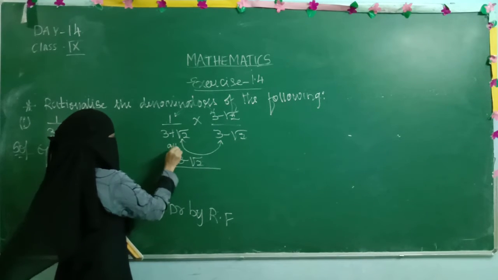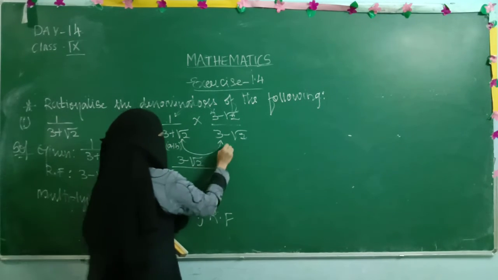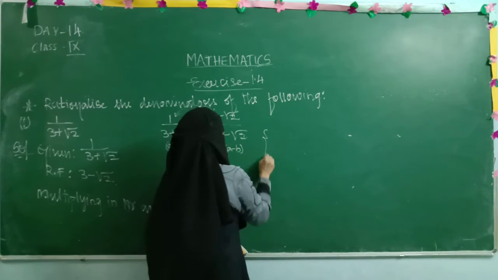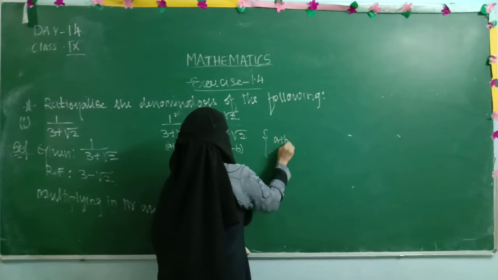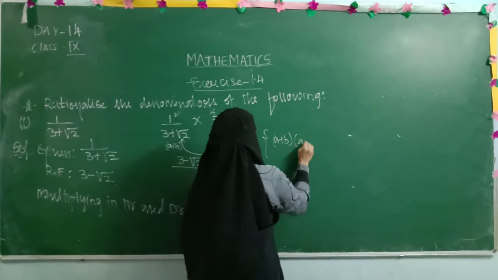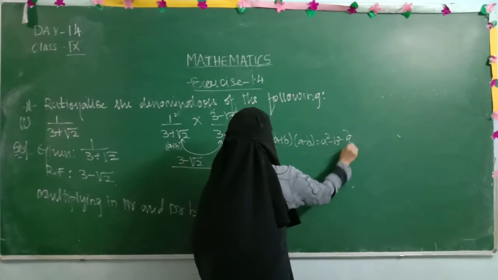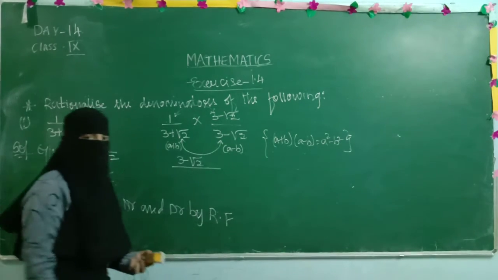We are having a property: a plus b into a minus b is nothing but a square minus b square. Do you remember this identity?